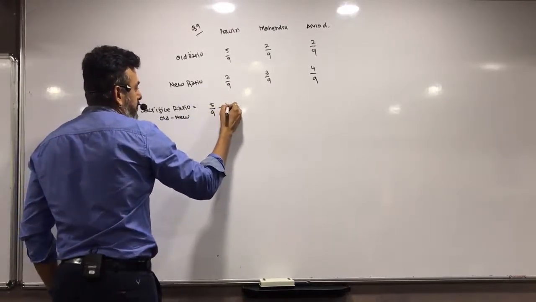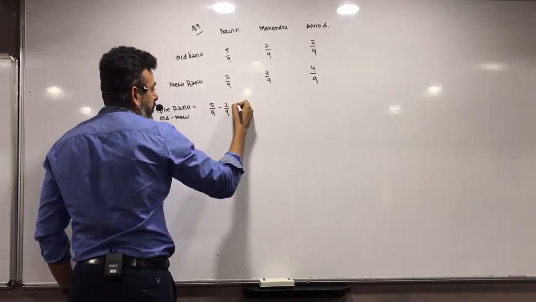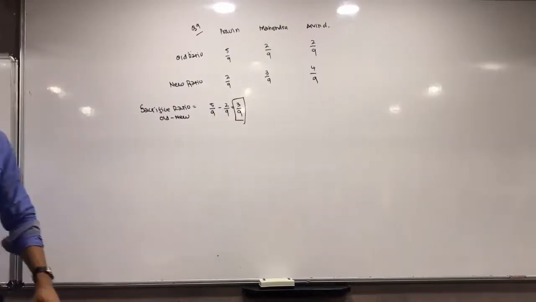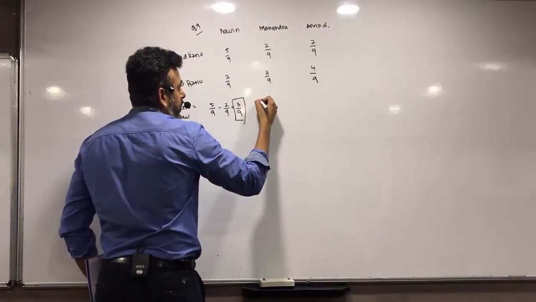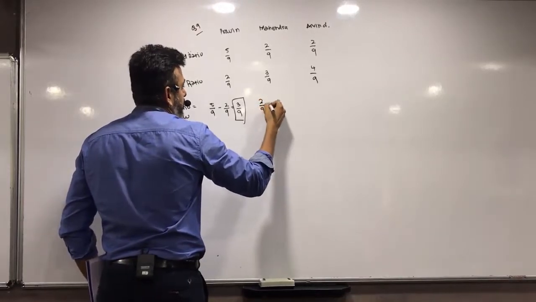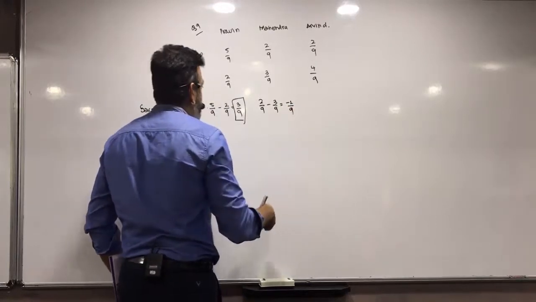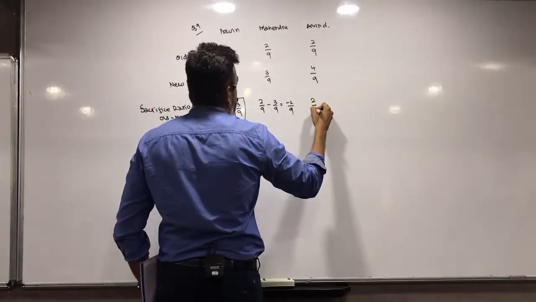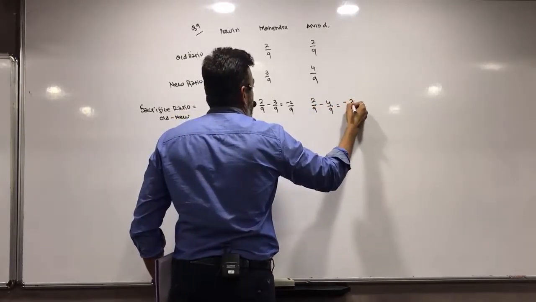5 by 9 minus 2 by 9, which is equal to 3 by 9. Directly it will be done. No need to cross multiply. Then denominator is same. 2 by 9 minus 3 by 9 is minus 1 by 9 and 2 by 9 minus 4 by 9 is minus 2 by 9.